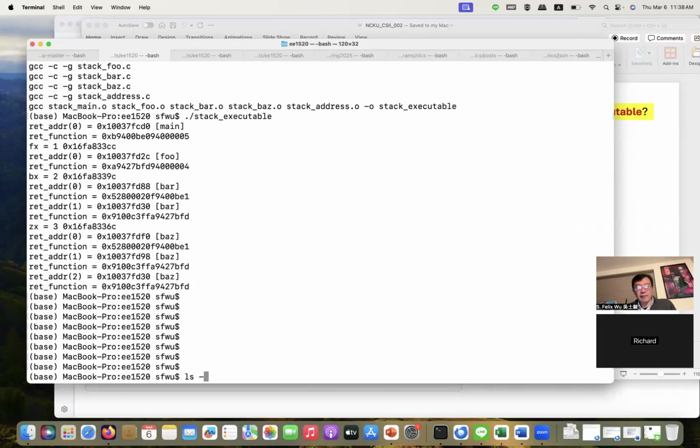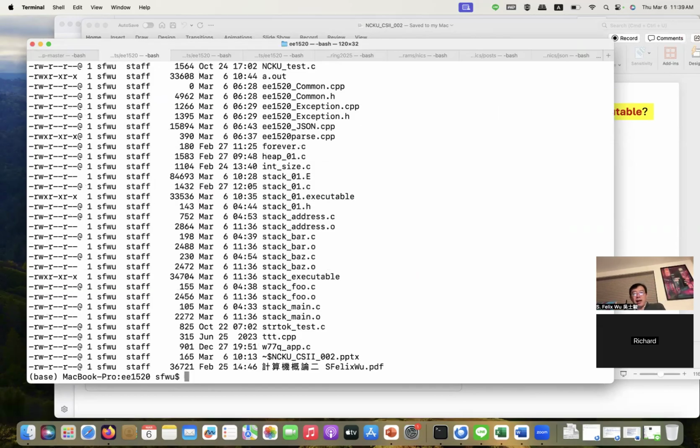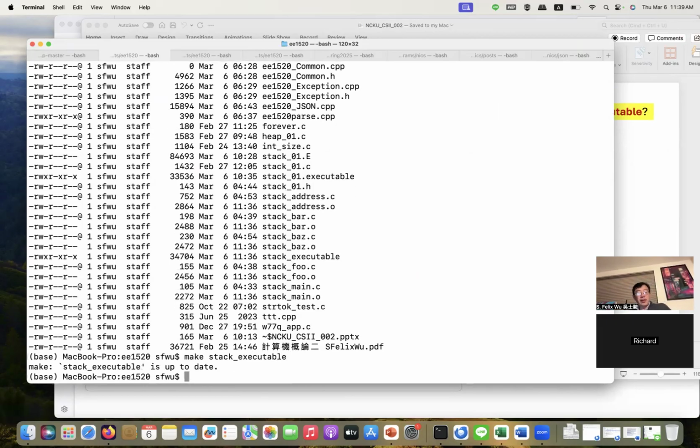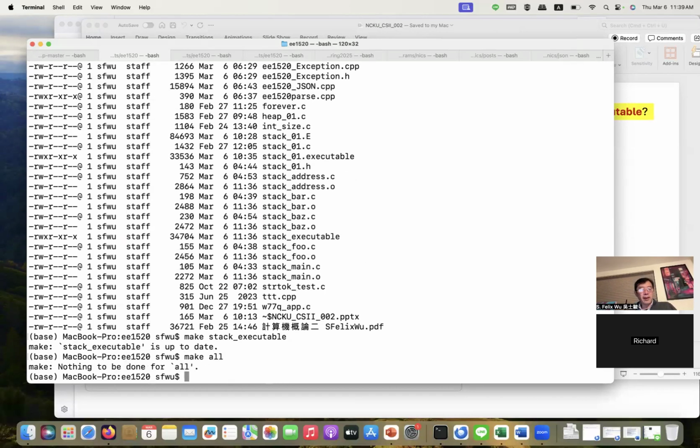Okay, so I have this set of files over here. If I say make stack executable, you see that it basically says make stack executable is up to date. Or I say make all, it says nothing to be done for all.